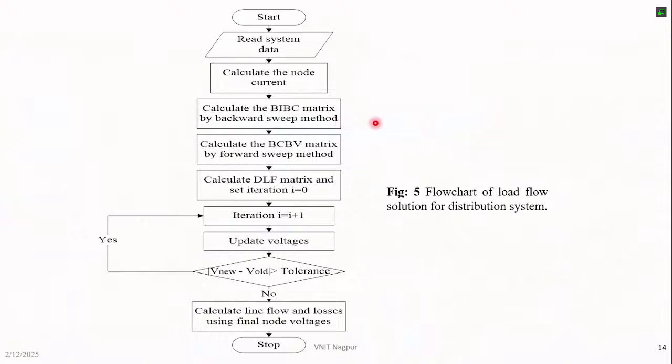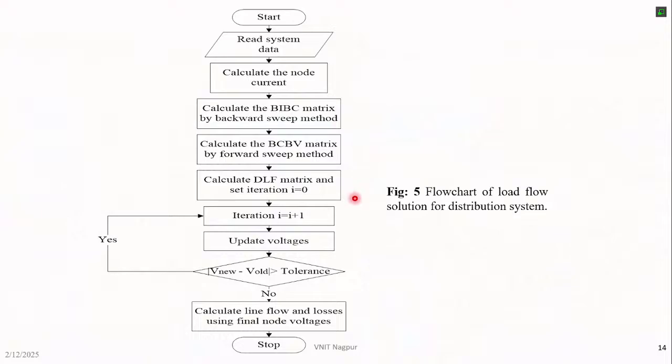Then you calculate the BIBC matrix based on the backward sweep method, and then calculate the BCBV matrix based on the forward method, then calculate the direct load flow matrix.